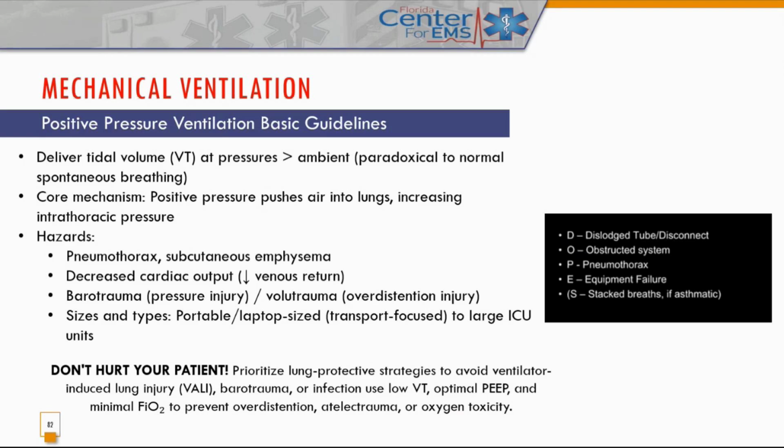We want to have optimal PEEP. We don't want to put too much pressure. 5 is a good place to be. We want the minimum FiO2. We want to reduce the atelectrauma because of the pressure and the volumes that we're using, and we're still worried about oxygen toxicity.